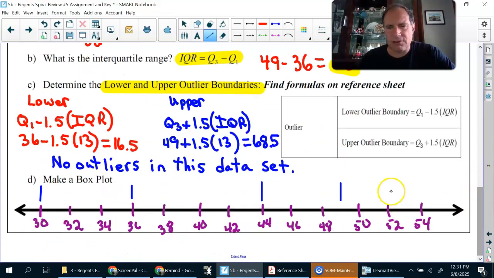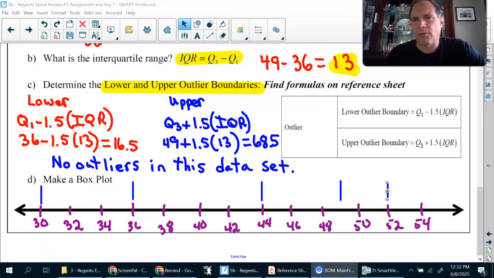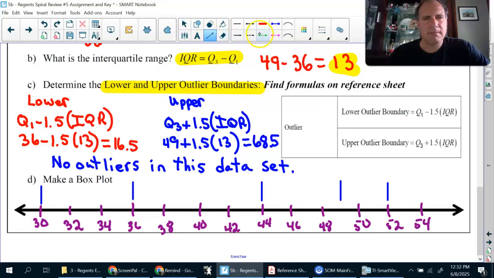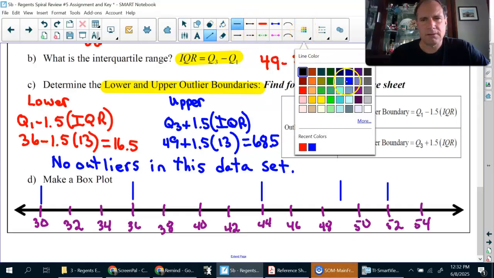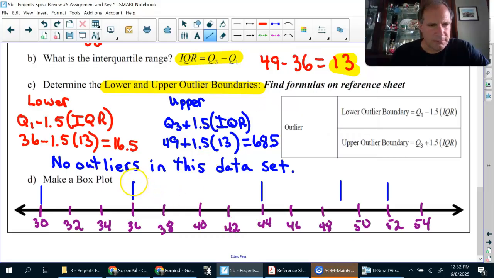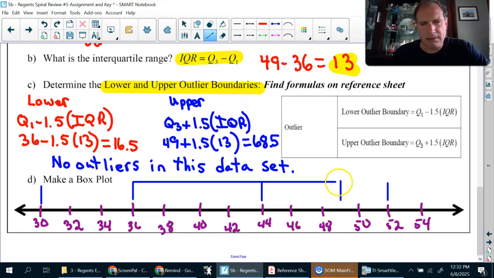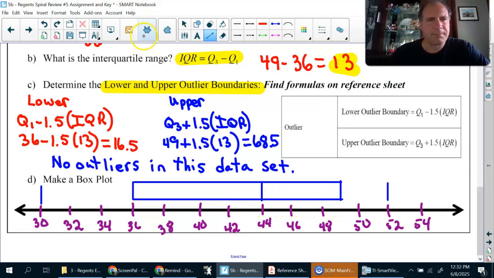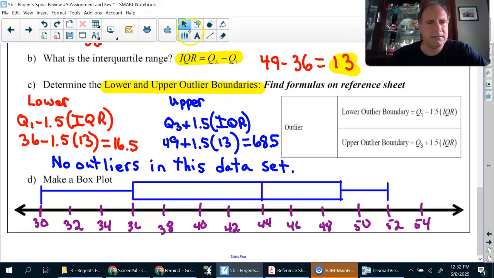And then the max is 52. Now that I have all of the lines down, I am going to connect quartile 1 to the median to quartile 3. Then I'm going to connect from quartile 1 to the min, and from quartile 3 to the max. And there is my box plot.